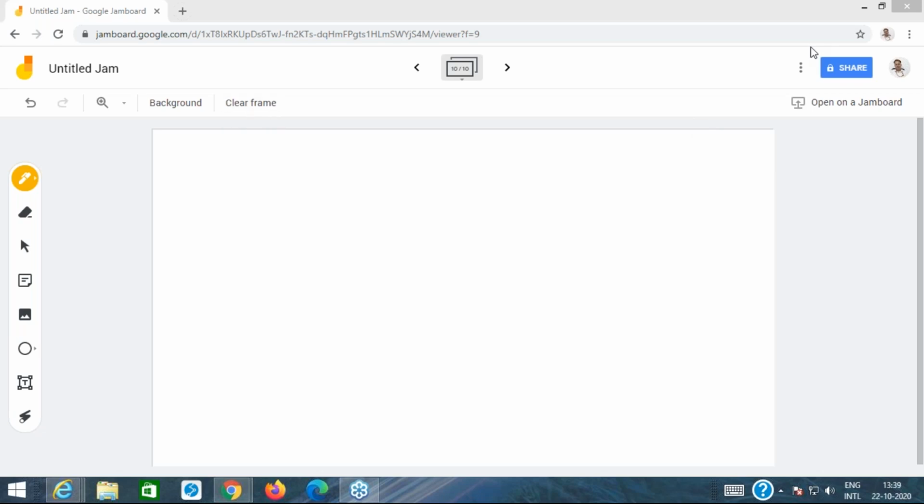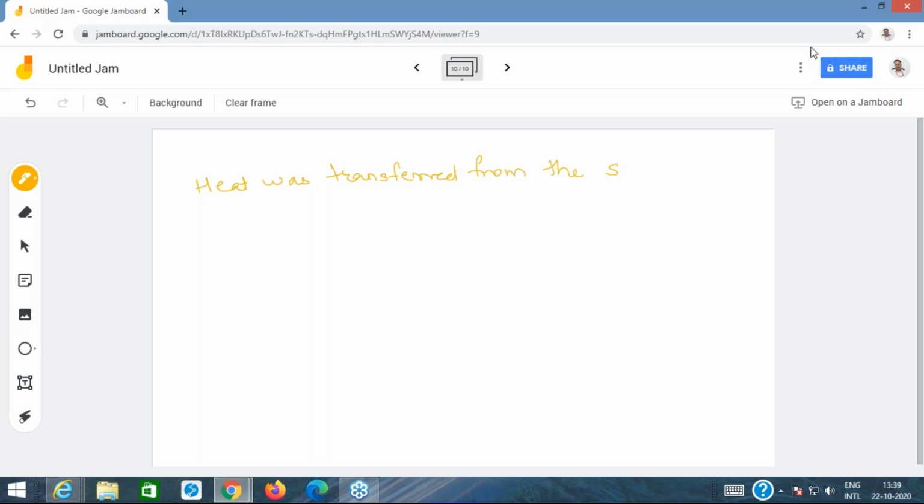I will also write it down. Heat was transferred from the source, which was at 1500 Kelvin, to the system at 450 Kelvin.